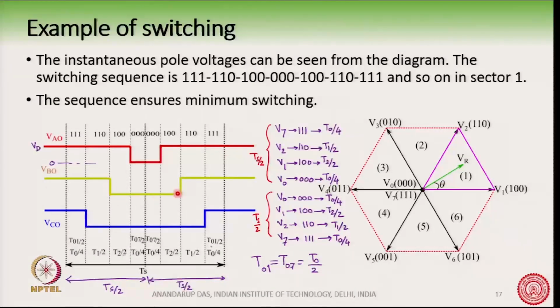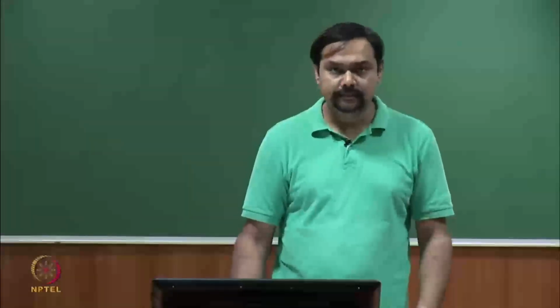Similarly, if you see B phase, the upper switch in B phase is turned on here, it is turned off here, remains turned off throughout this time, and then again turns on here. So, it means that the upper switch in B phase is switching once in this whole time period Ts.